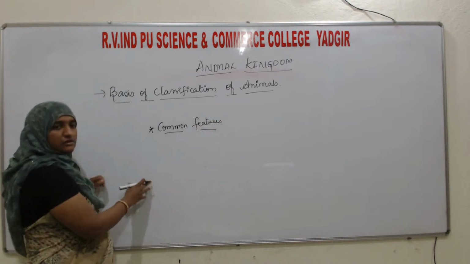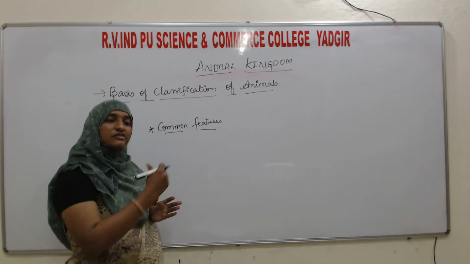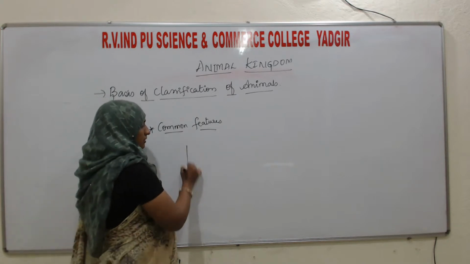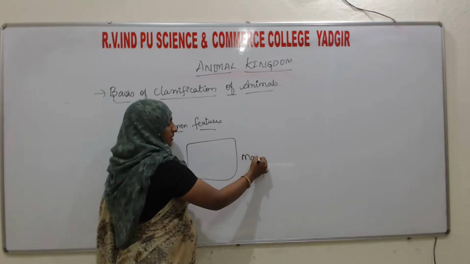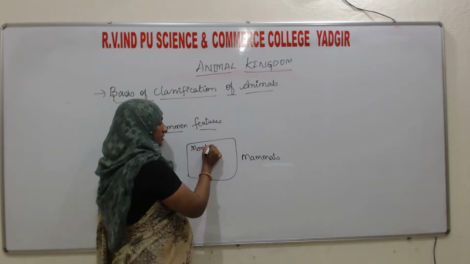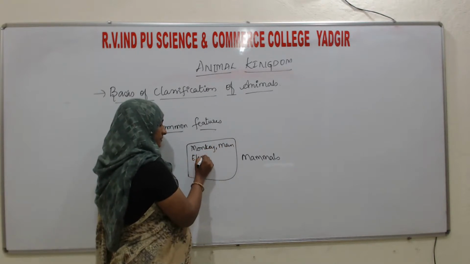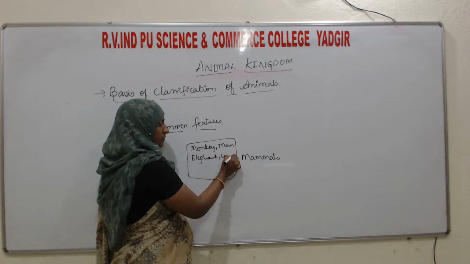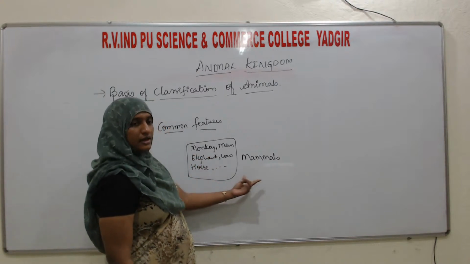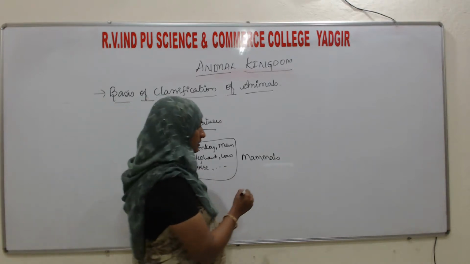Common features means in some group of animals, there are some characters which are similar in all of that group. For example, take mammals: monkey, man, elephant, cow, horse, etc. All of them are mammals. What are the common characteristic features of mammals?